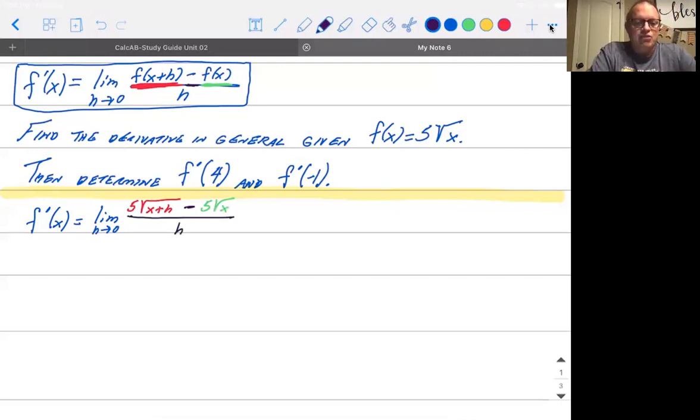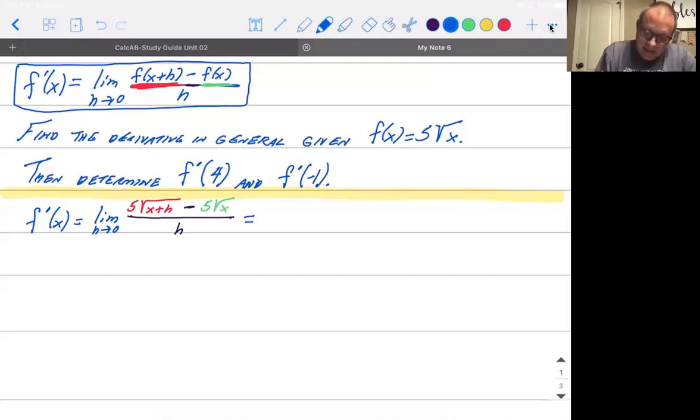Now again, our goal is we have to get rid of that h. We have to make it cross out with something in the numerator. So we need to look at this and kind of make a decision about what we want to do. So we're dealing with square roots here, so we probably are going to need to multiply and rationalize.